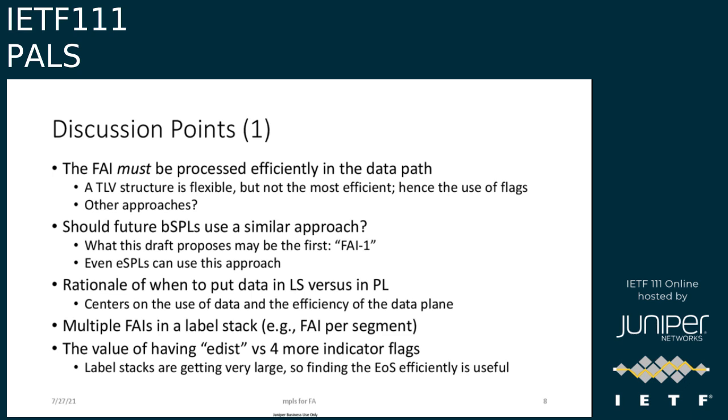Should every SPL allocated by the MPLS working group going forward say, we are going to use the TC-TTL bits and we're going to make every future bSPL multi-purpose? If we do that, we actually end up with a lot of space, a lot of actions that we can have. Even ESPLs can use this approach. The rationale of when to put data in the label stack versus in the payload, and you have to reach it.